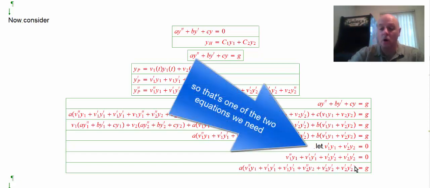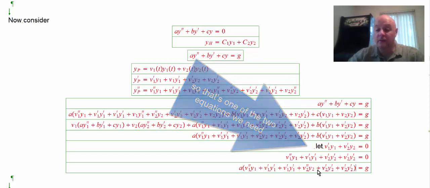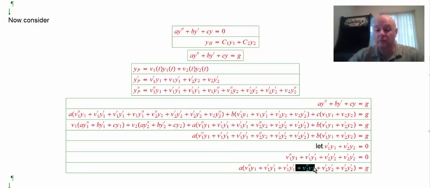So that's gone. But notice, if I arrange things, I'll take this piece here, move it to the front, and I'll take this piece, move it to the front, and now, oh wait, here when I took the derivative of the V2, there should be another prime in here.